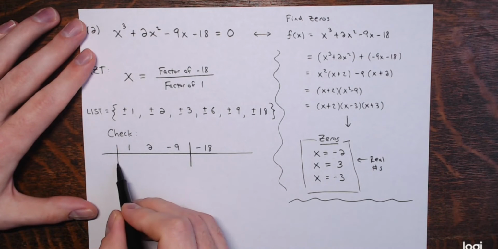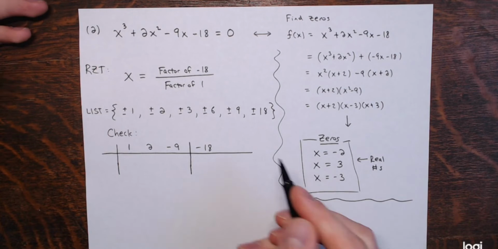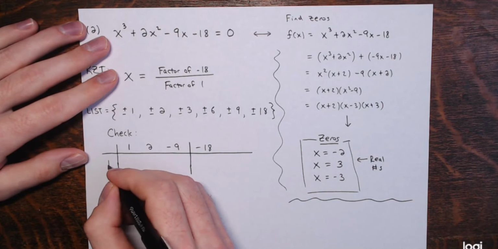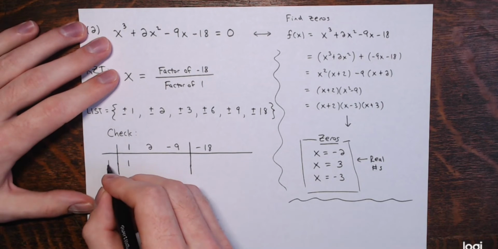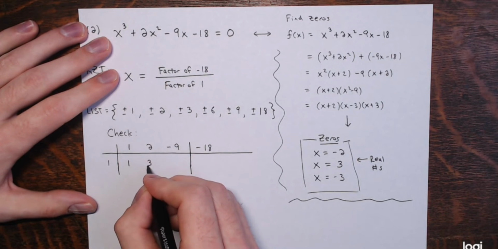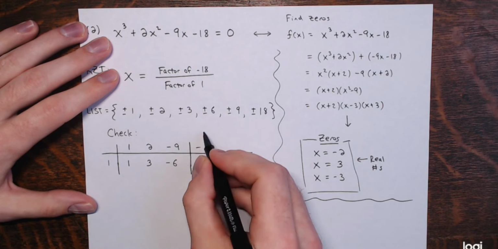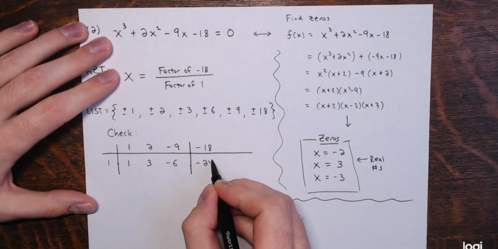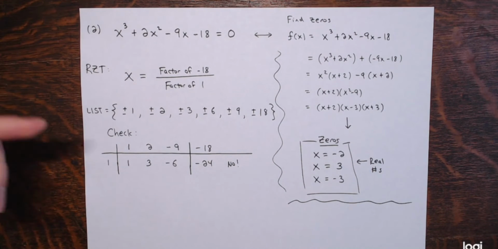And then again, suppose you didn't see what the zeros were already, and you start checking, how about 1? 1's on this list, so I drop the 1, and 1 times 1 is 1, plus 2 is 3, and then 3 plus -9 is -6, and then -6 plus -18 is -24, so nope, x equals 1 doesn't work.